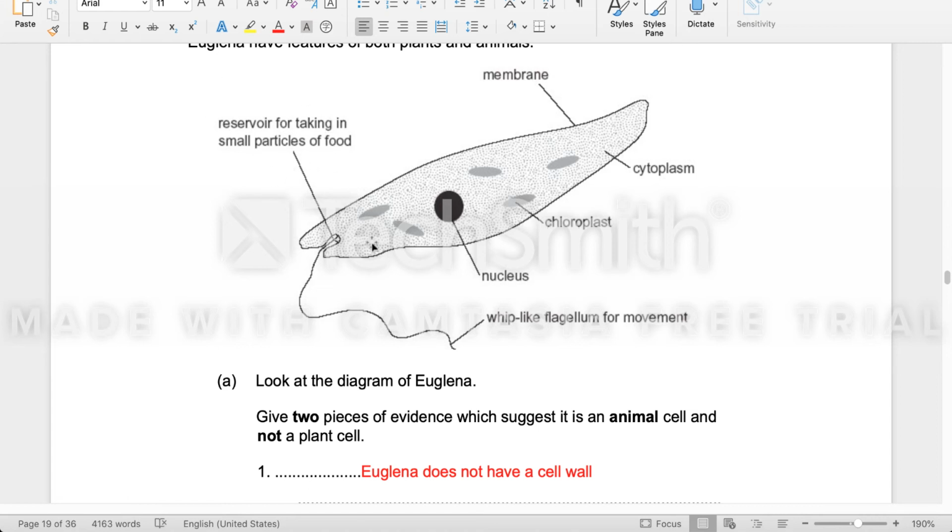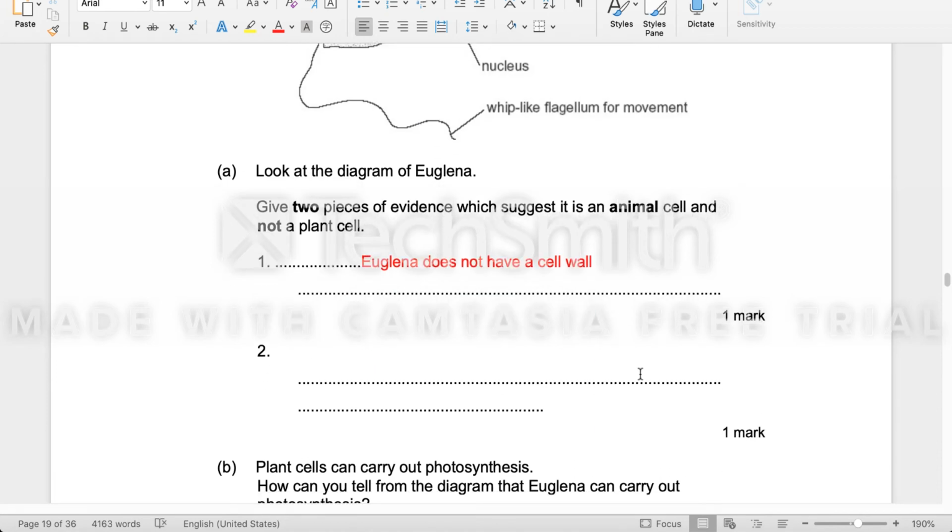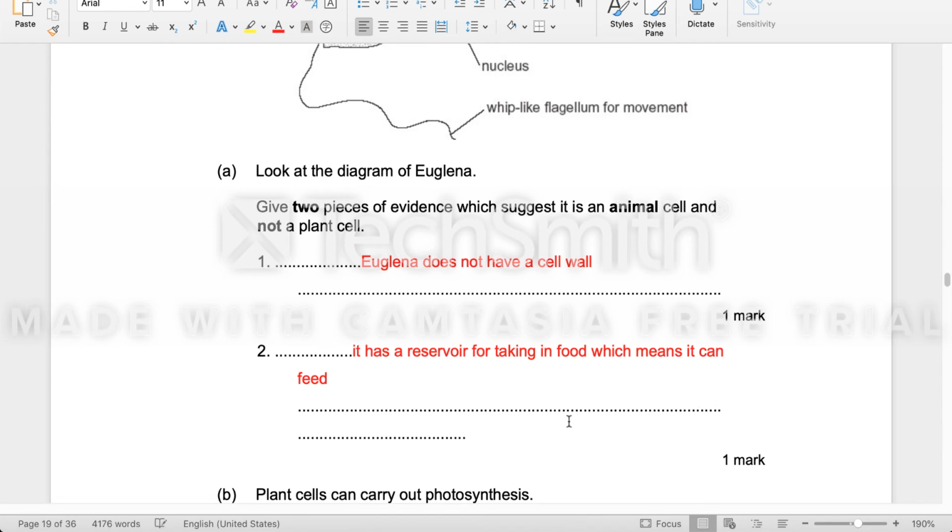Whereas plants and animals both have a nucleus, a cytoplasm, and chloroplast, you're going to try and ignore that because you're looking for evidence that suggests it's an animal cell, not a plant cell. So we're going to say it has a reservoir for taking in food, which means it can feed.